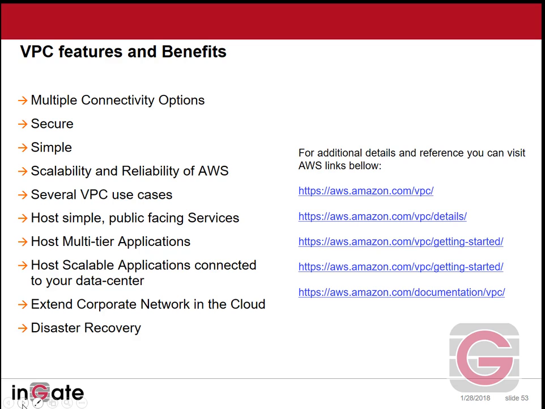You can have disaster recovery using the availability zones, also. There's a lot of information on the web if you want to learn more and understand better; there are some links that I included in this slide, so you can just click there and browse.